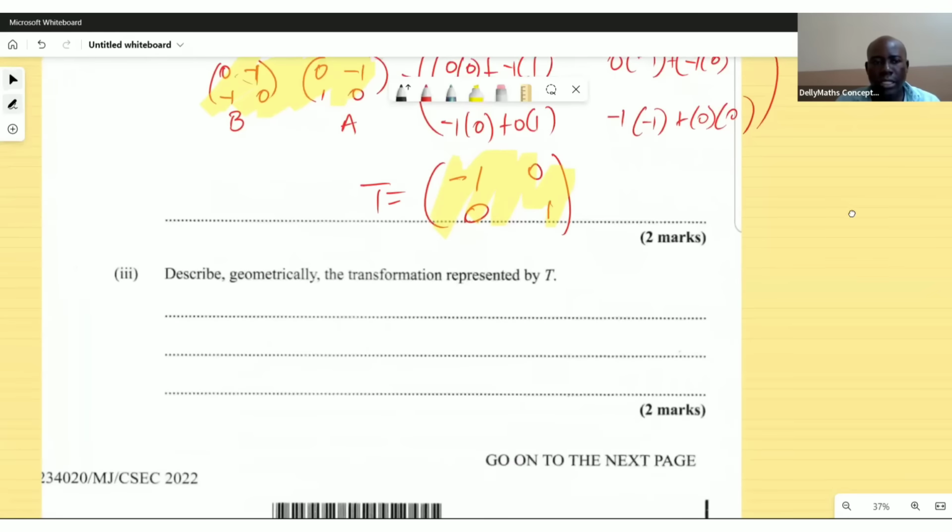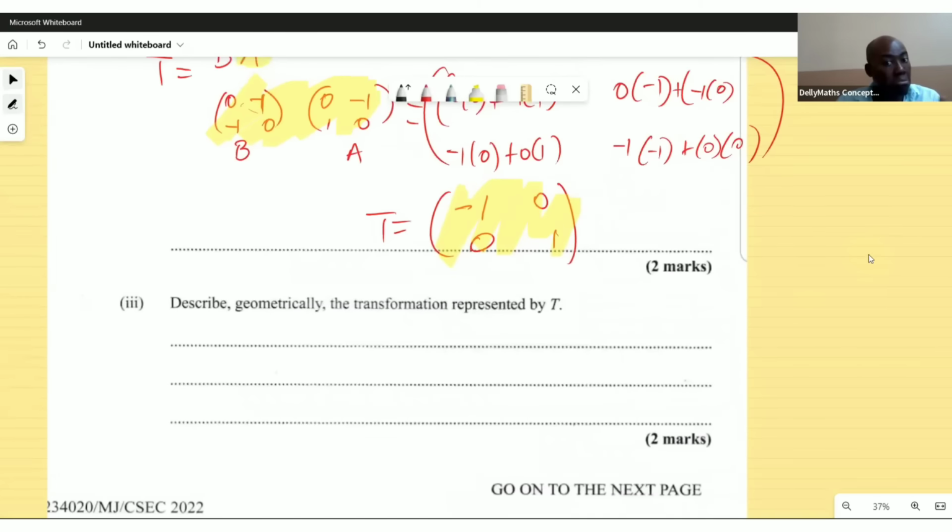Now, describe geometrically the transformation represented by T. What you can do is take a point and look at what happened to it. Let's say I'm using a point 7, 11.